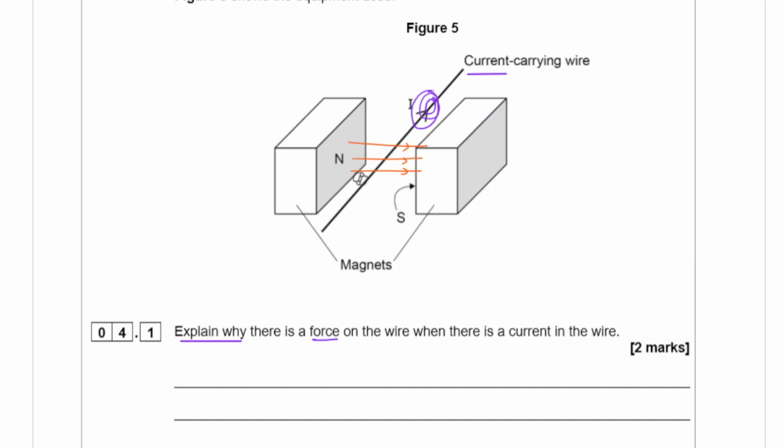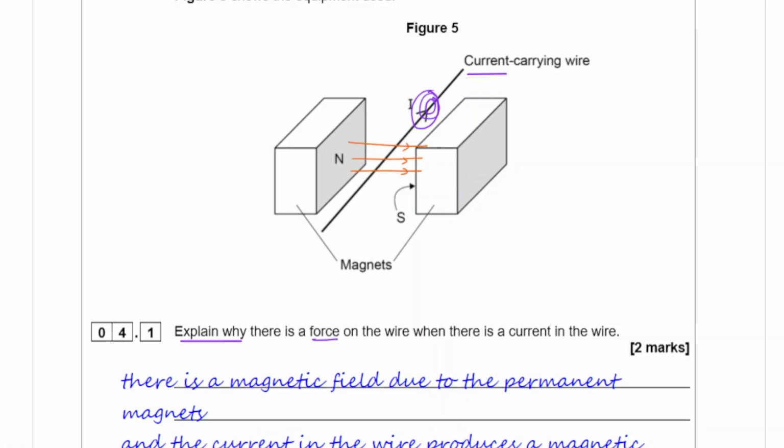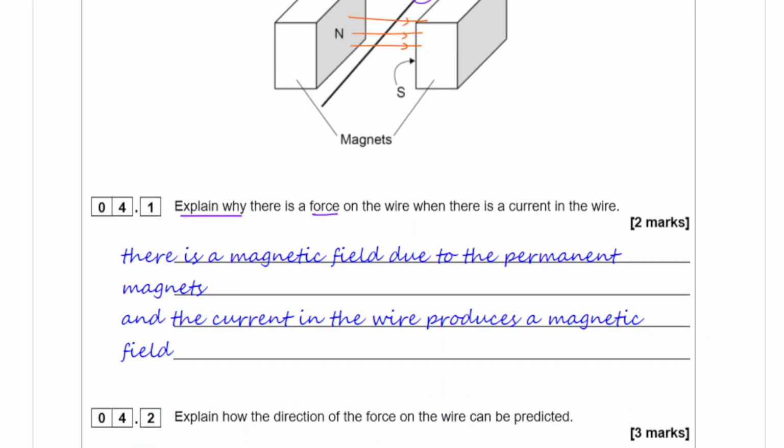So the answer: there is a magnetic field due to the permanent magnet, and the current in the wire produces a magnetic field.